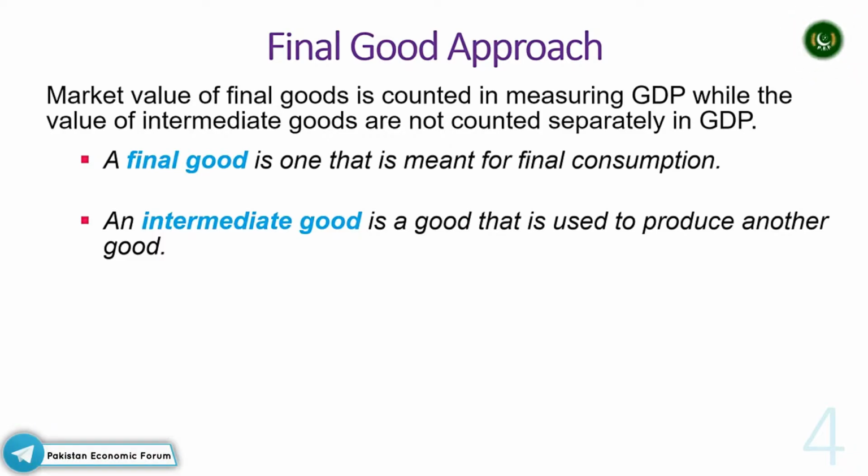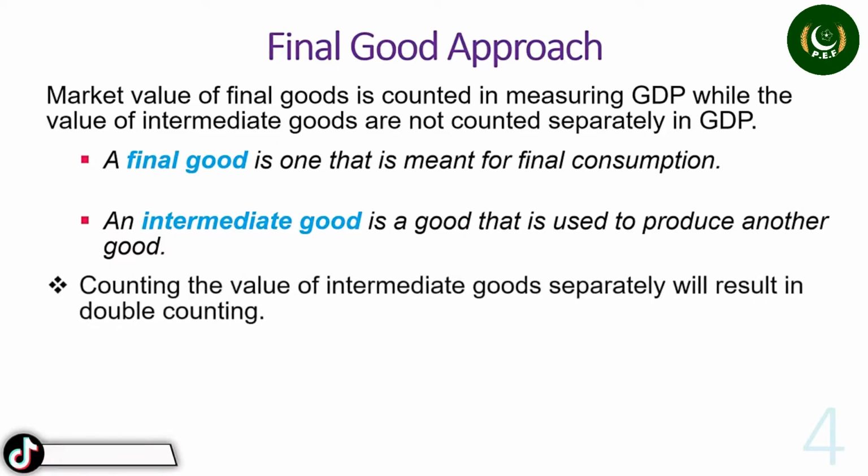Students, since the price of a final good, like a car, includes the values of all intermediate goods such as tires and airbags, etc., counting the value of intermediate goods separately will result in double counting and thus overstating GDP.